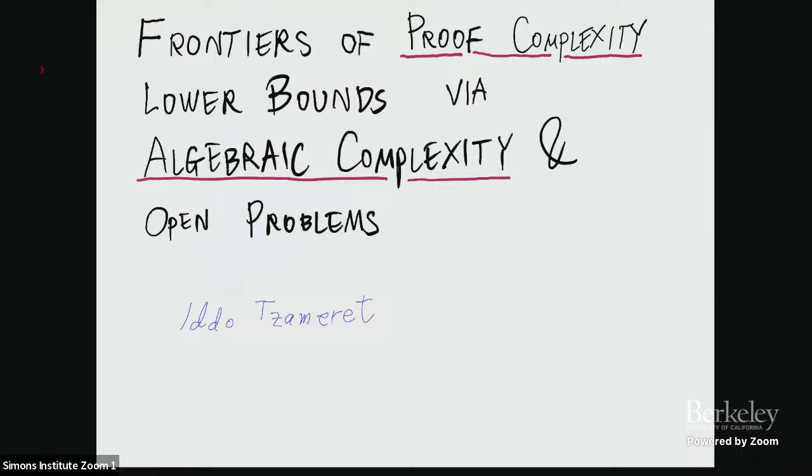So this is going to connect both proof complexity, people interested mostly in strong proof systems, Frege, AC0 Frege, and so forth, but it's also going to be tailored for people in algebraic complexity. There are several here, and I'll give some detail of some of the results in algebraic complexity.